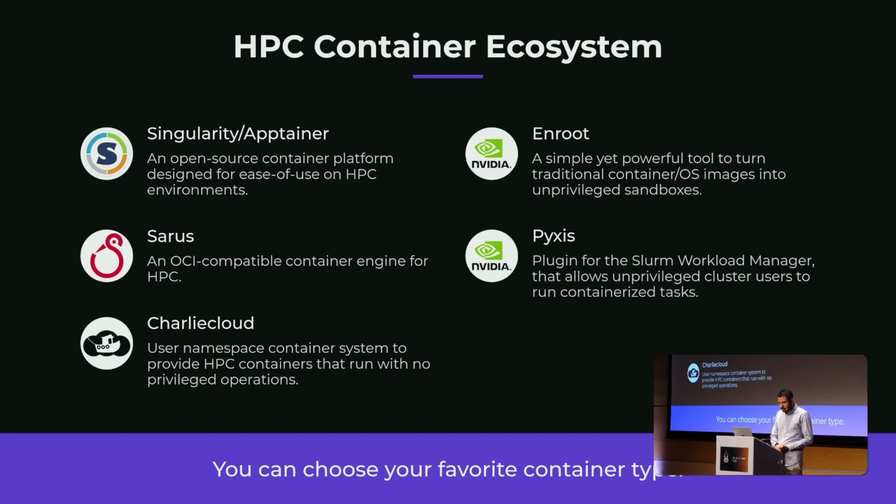Next, we have Charliecloud. Sorry, Podman HPC aside, next is Ceros. It has the same purpose, so it's an OCI compatible container engine for HPC. All of them are OCI compatible. OCI stands for Open Container Initiative.